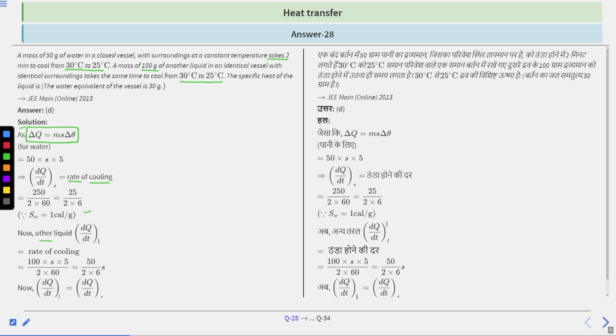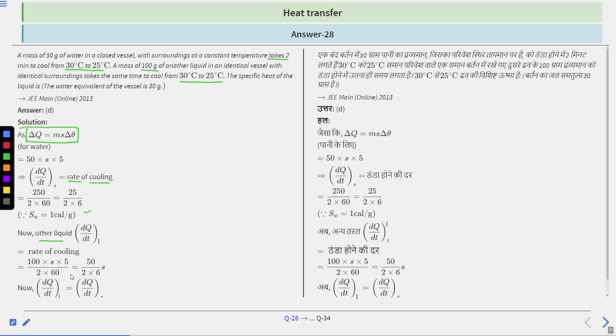And now for the other liquid, dQ upon dt, the rate of cooling, is what? This is for another liquid. So putting all the given values, 100 multiplied by S multiplied by 5 divided by 2 into 60 is equal to 50 S divided by 2 into 6.